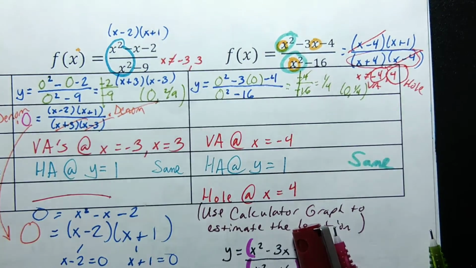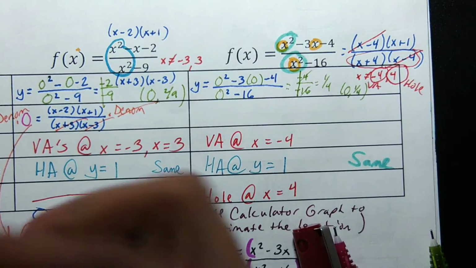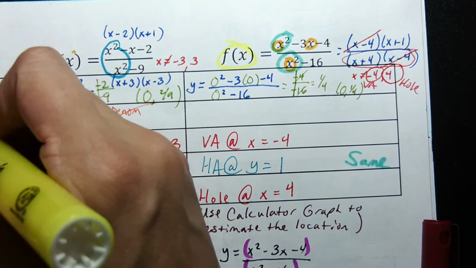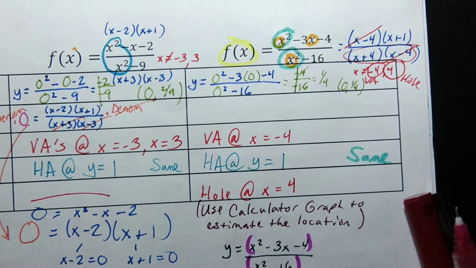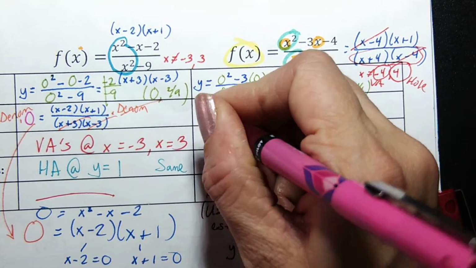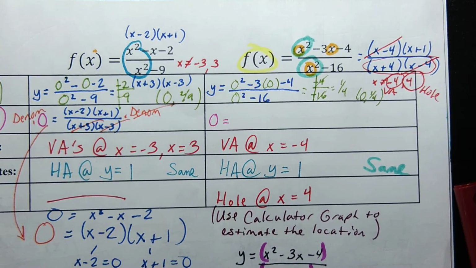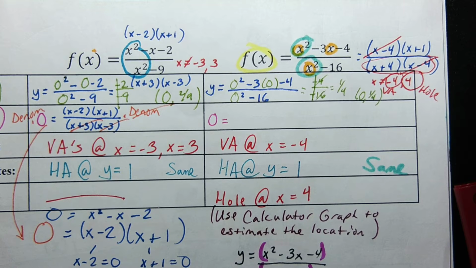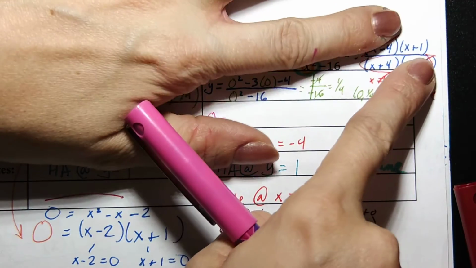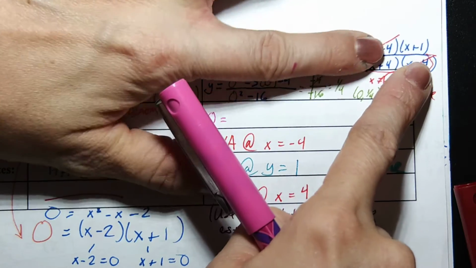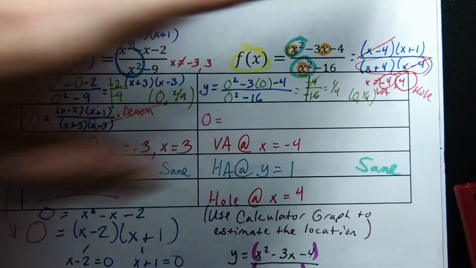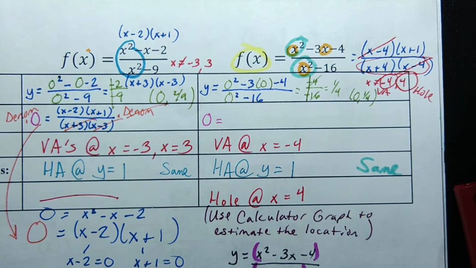So we plug in 0 for y, or 0 for f of x, and we get 0 equals. Now for this one, I have said for x-intercepts, it's a bit easier to use the factored form and to get rid of this possibility of having the hole as an x-intercept, we can actually use the canceled equation.